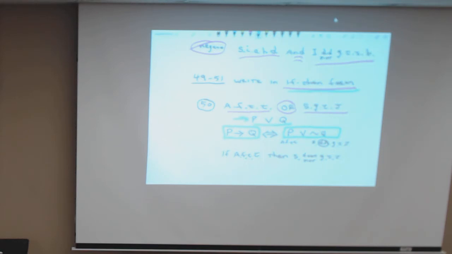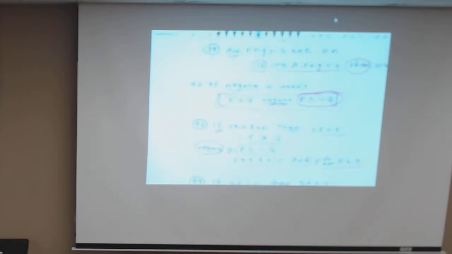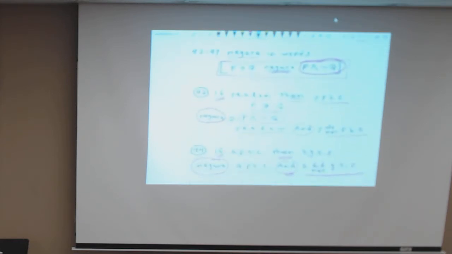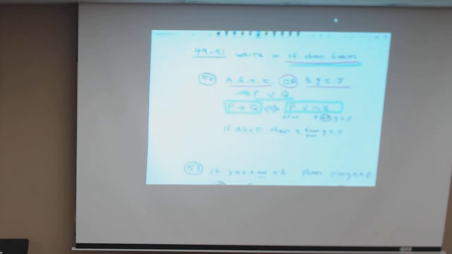That's not true. If P then Q is equivalent to what? That doesn't look right. If P then Q is equivalent to not P or Q, well then why did I write down P or not Q? I don't know.